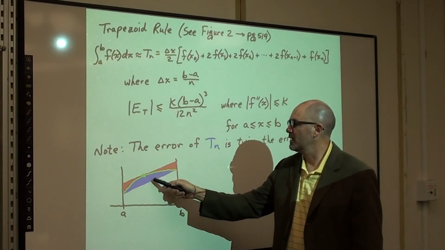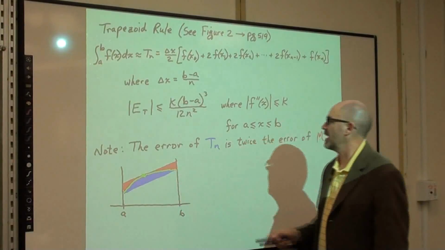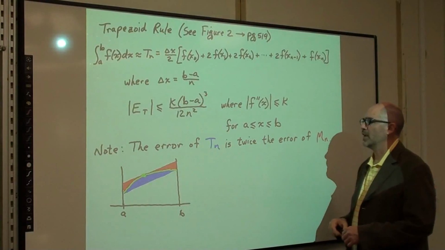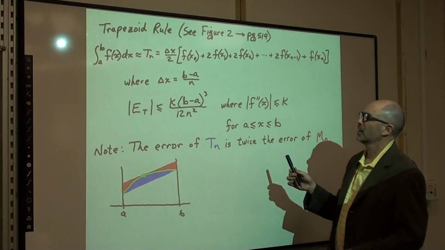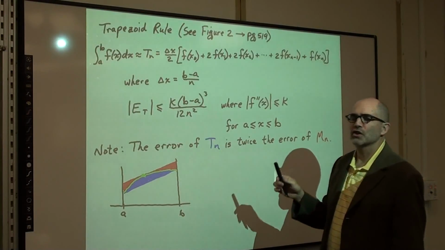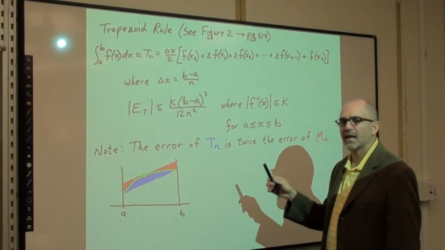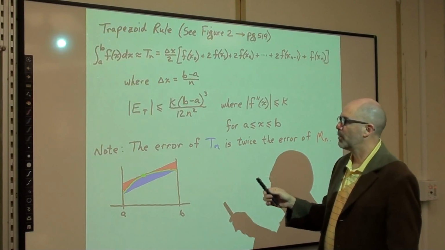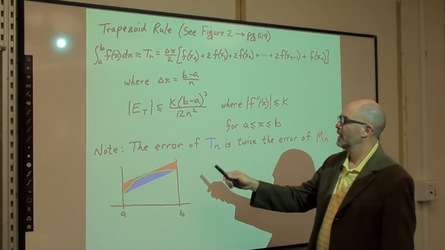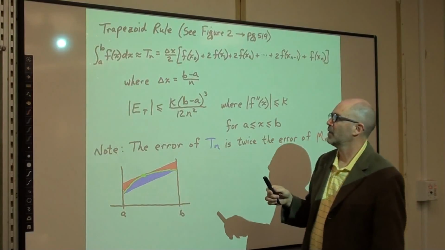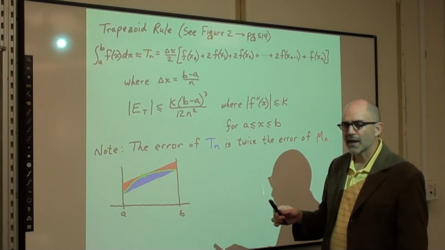The blue section is exactly twice the error of the red section here. Those are our two linear approximations. Trapezoids and midpoints are both linear approximations. Now, let's go to a third technique that's a lot more accurate.